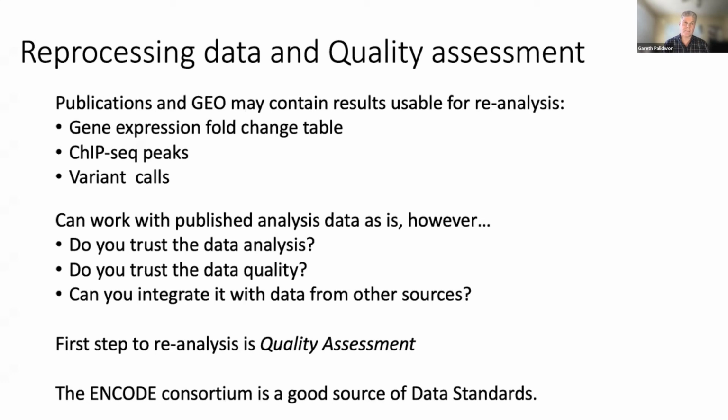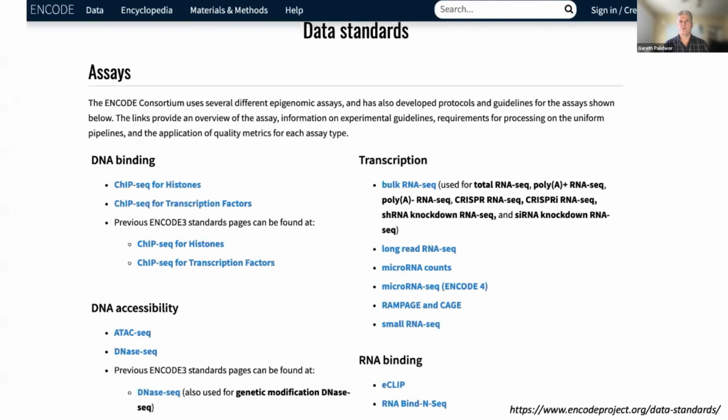Of course there are all different types of next generation sequencing data. I tend to focus on ChIP-seq and RNA-seq, and ATAC-seq. That's what we've most used ourselves. But the ENCODE consortium is a good source of data standards for quality assessments.